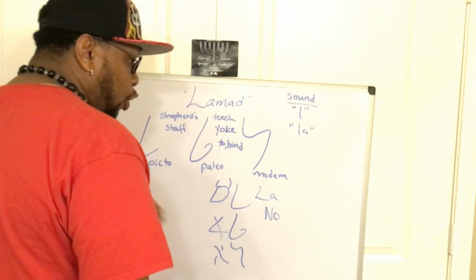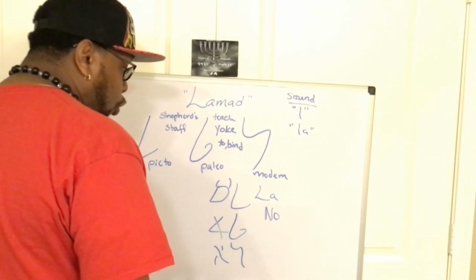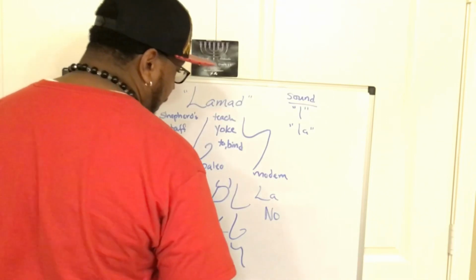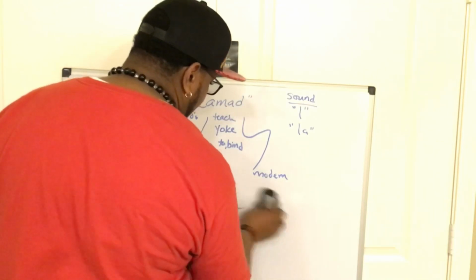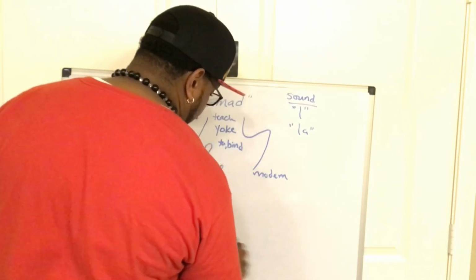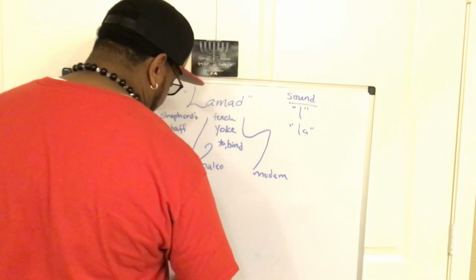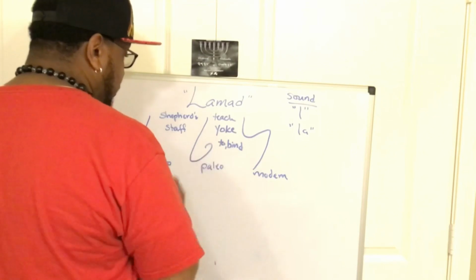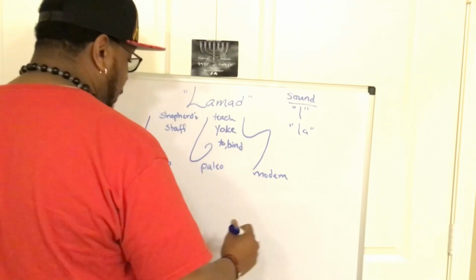No steal. No kill. No lie. When you see la in that aspect, it's actually a correction, a strong correction, a lamed staff, a strong guidance.